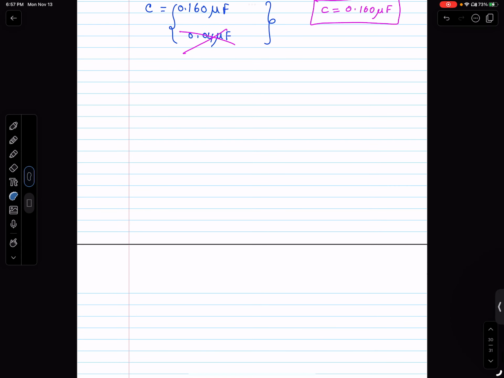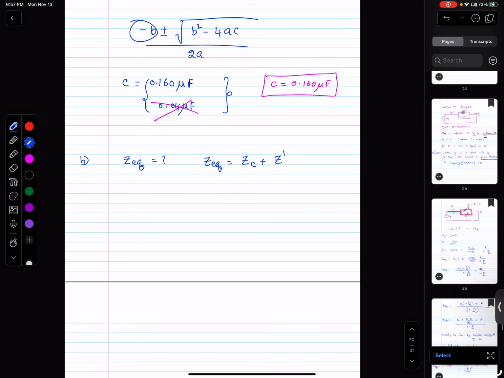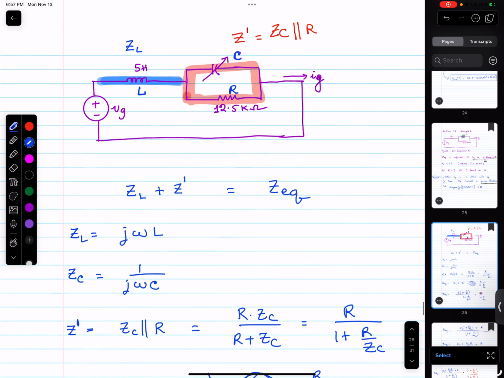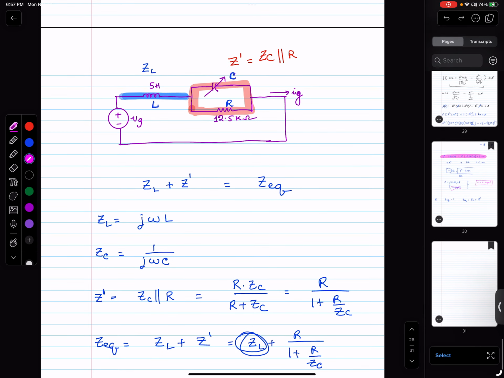So I'm not going to solve the entire value for problem B. What is the overall Z? If you remember, Z equivalent equals ZL plus Z prime, right? Let me go back. Somewhere here, I have shown that the overall impedance is the sum of this inductance and the Z prime.